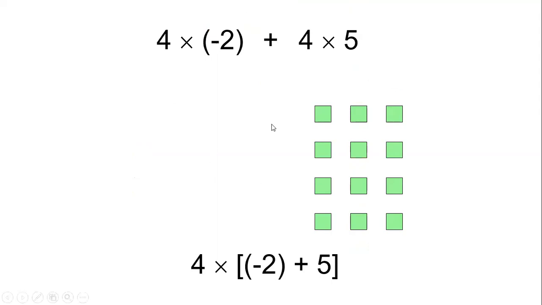But when you want it to show as a product where one of the factors is a sum, you take care of that factor, that border of that array first, and then create the array. Okay, that's how the two are different.